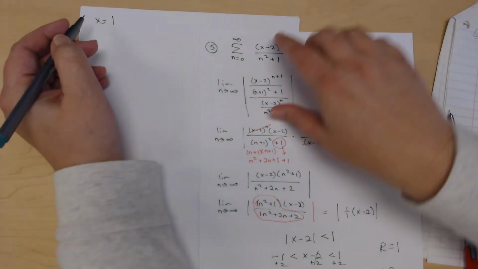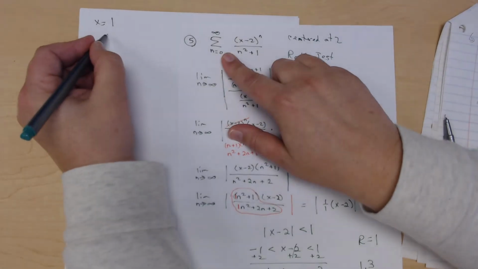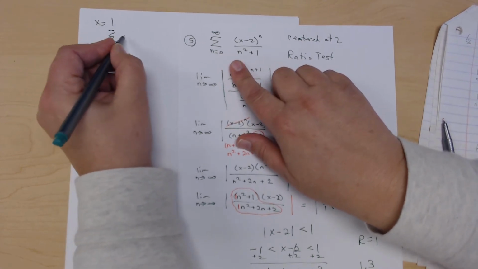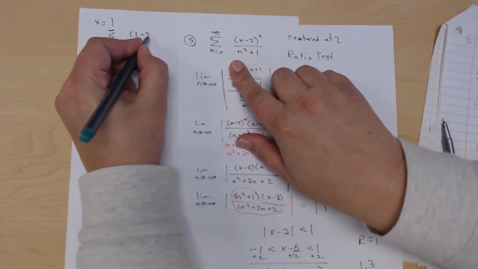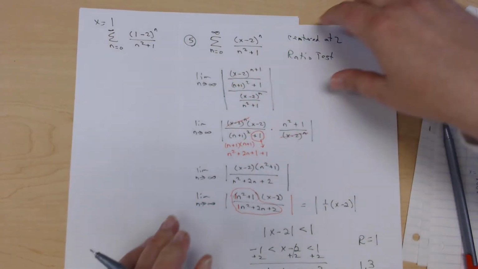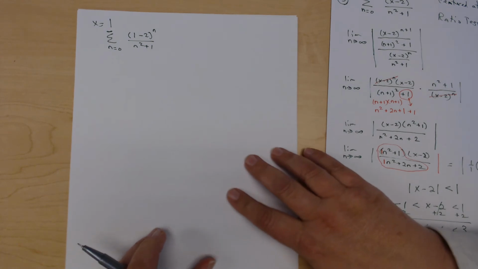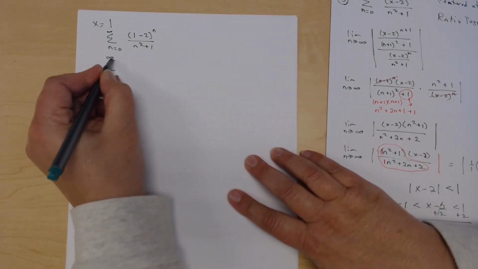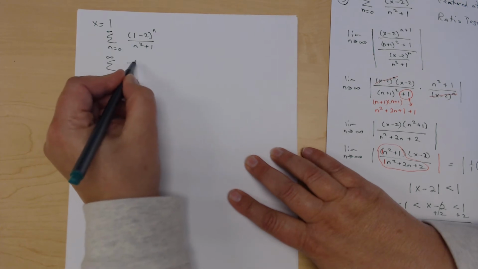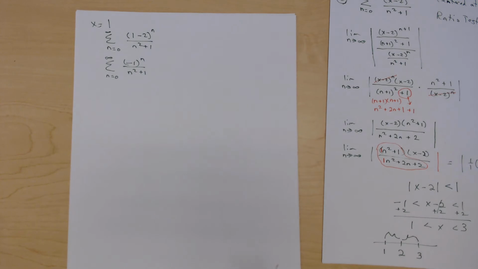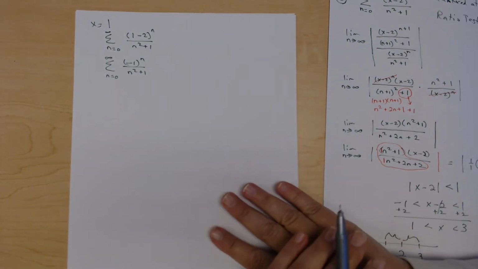I'm going to take my original problem and plug in a 1 for x, and everything else stays. So I've got the sum from n equals 0 to infinity. This gives me negative 1 to the n. That's kind of nice. So what did I just create? I have an alternating series.